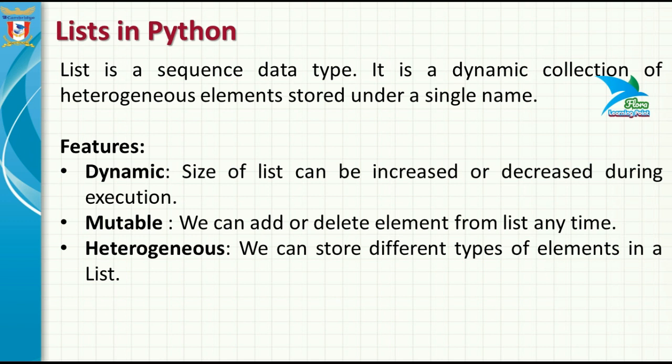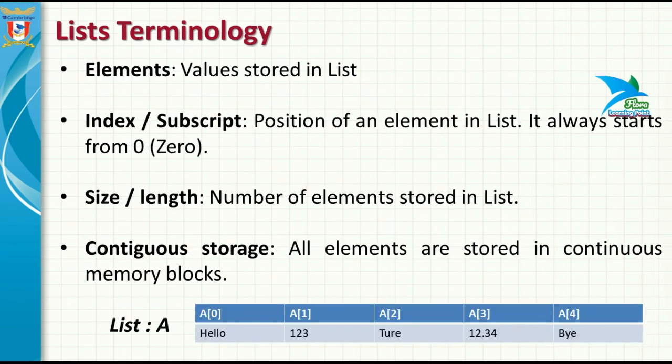That means we can store different types of elements inside a list. For example, at index zero you can store an integer value, at index one a string value, and at another index a boolean value. So it's a collection of different types of data, and that's why it is known as a heterogeneous collection.